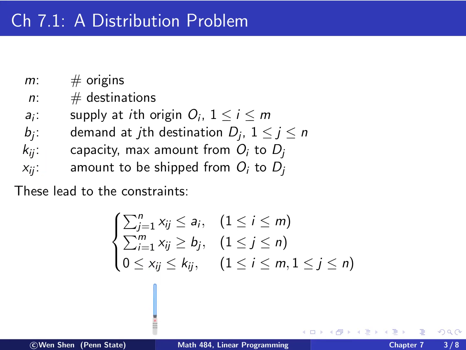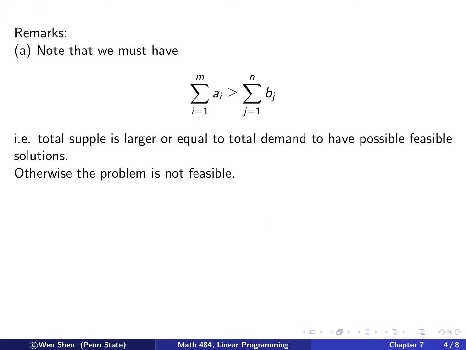To ship from O_i to D_j, this amount you ship is a restricted variable, and it cannot exceed the capacity. So this is m constraints, n constraints, m plus n, and then here is m times n. So in total m times (m plus n), a lot of constraints.